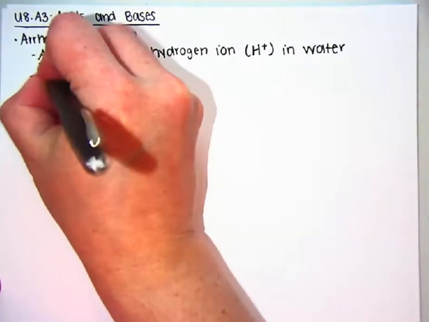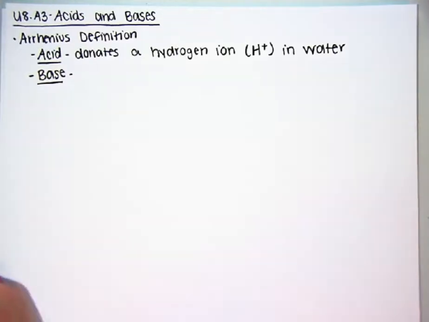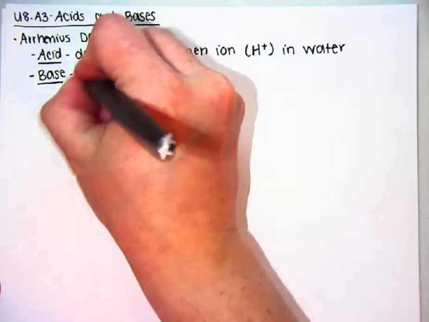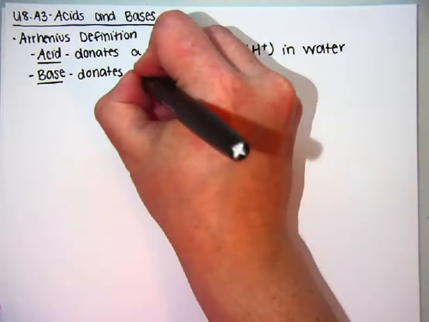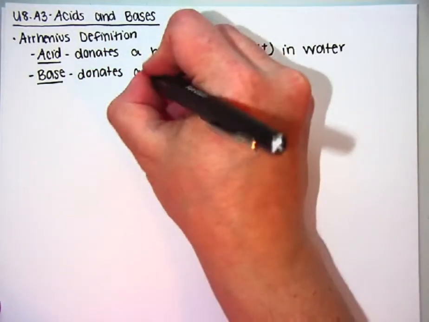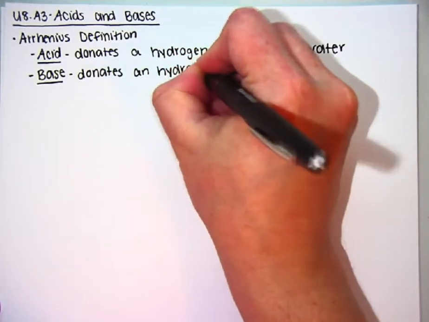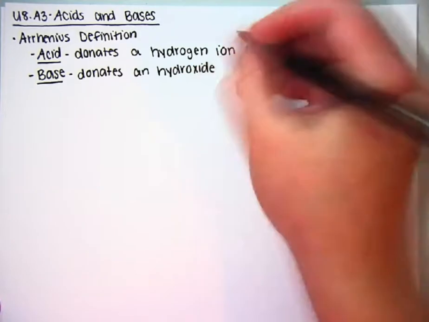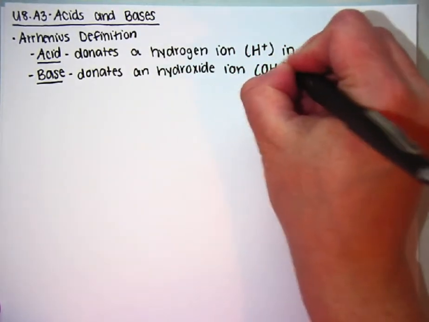Whereas the Arrhenius definition of a base is that a base donates a hydroxide ion. Hydroxide is OH minus.